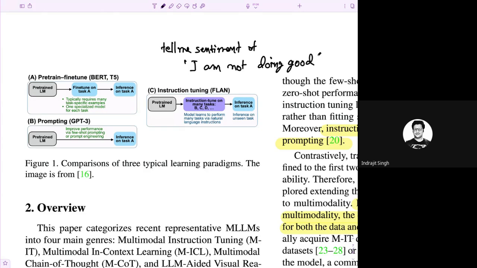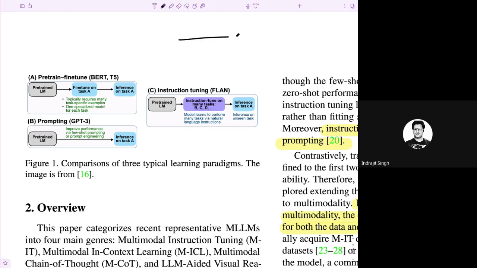So something like that is zero shot because you are not giving the model any kind of instruction or additional information. Few shot is where you tell it, I have this sentence which is negative, I have this sentence which is positive. Can you tell me what is the sentiment for this? Right? So which is basically a few shot way.